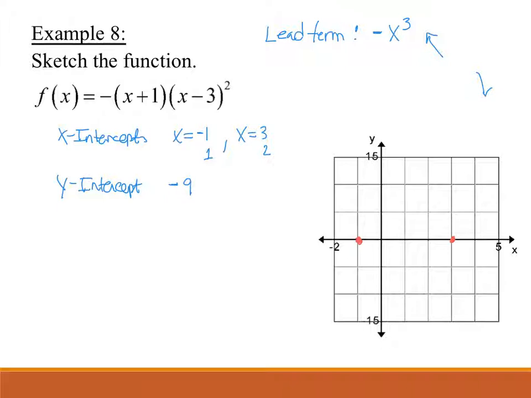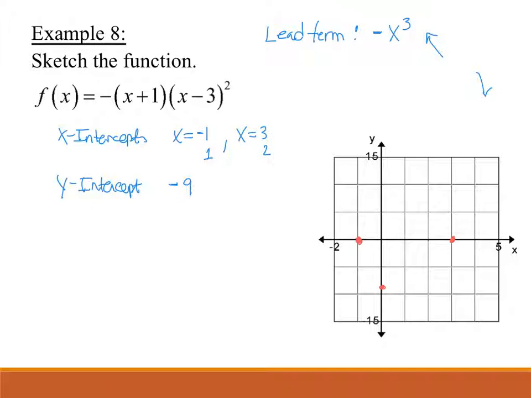So let's see, negative 9 would be about right. These are 5 apart, so we're about right here, I think, right? I think that's right. So now I have to draw my graph, and we may pick another couple of points.